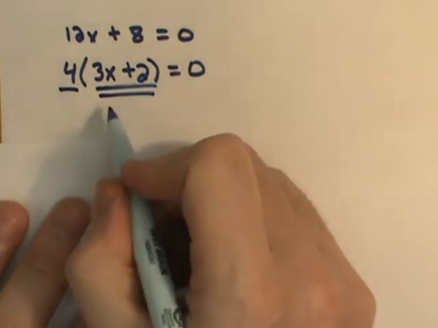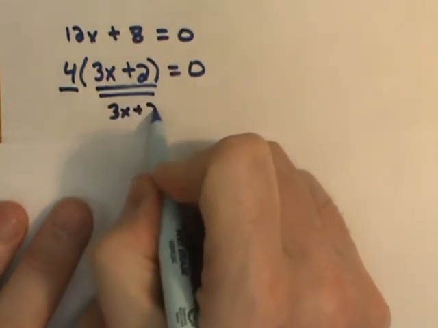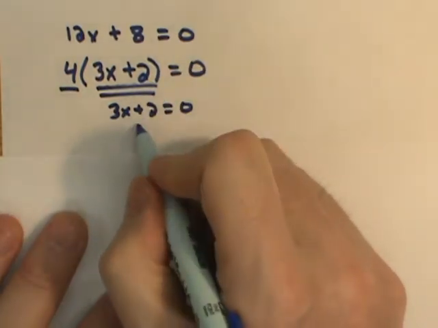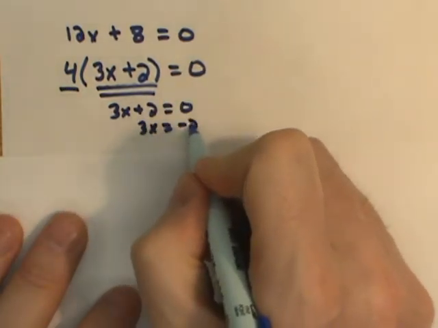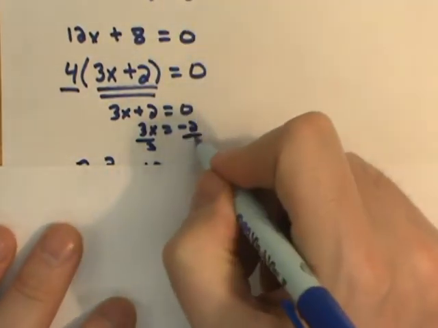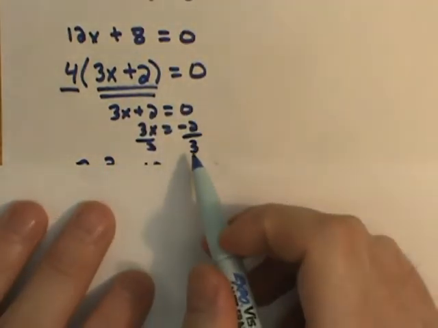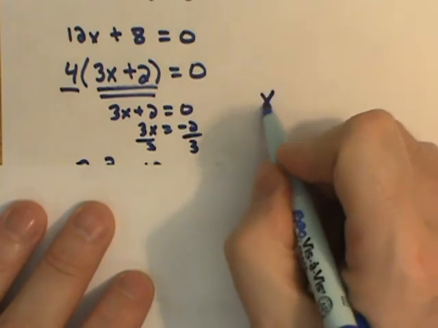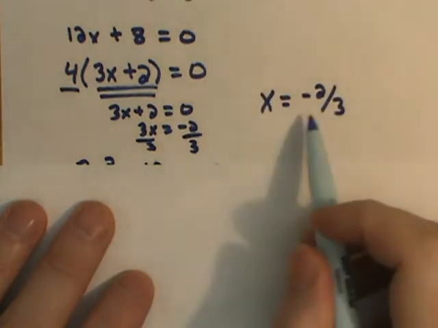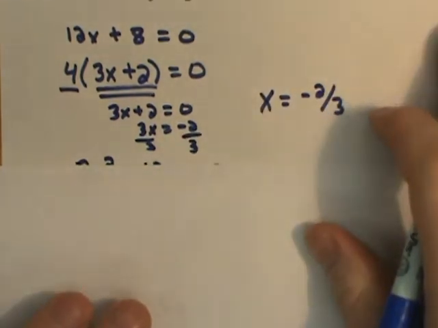So my only case here is 3x plus 2 equaling 0. I can move the 2 over, so 3x is equal to negative 2. Divide by 3. And as I divide by 3, this gives me an answer of x equaling negative 2/3. So it's just another way of solving these equations.